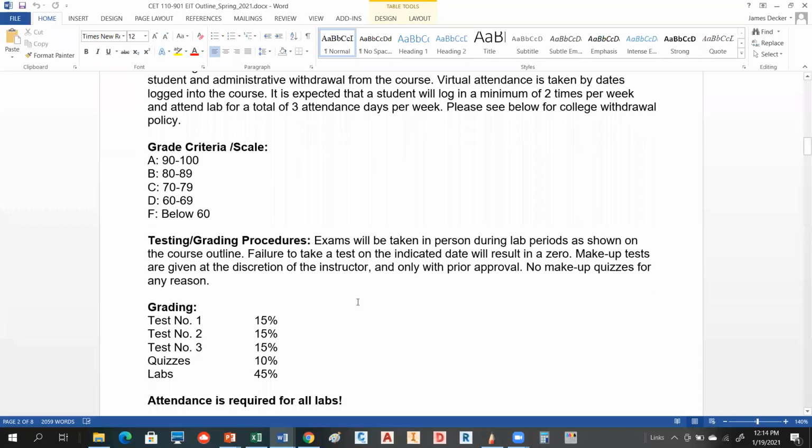Let's look at testing and grading procedures. The exams are going to be taken in person during the lab periods, and we'll go over that in a minute. I have 3 tests that we're going to be taking, and we'll be doing those in person. Those will be happening in room 152. So that's one part of the reason I secured that 152.